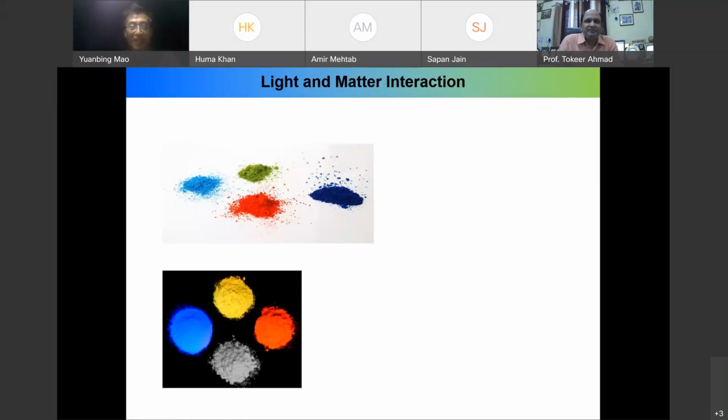So that gives us a hint. The first one shows pigments, what we use when we do paintings. The second one is related to phosphors, what we are going to talk about today. Phosphors happen when we excite the materials and they luminesce. That's the difference.